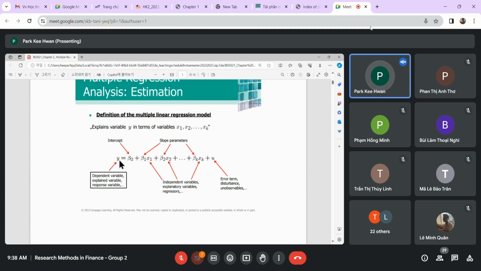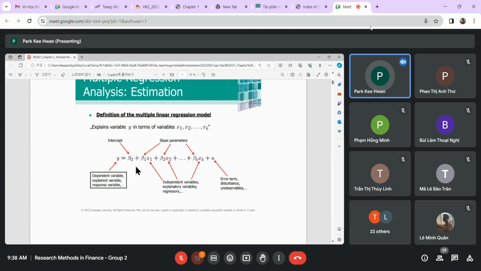The y on the left side of the equation we call the dependent variable or explained variable. And we have the x variables on the right side of the equation, and those variables we call independent variables or explanatory variables.